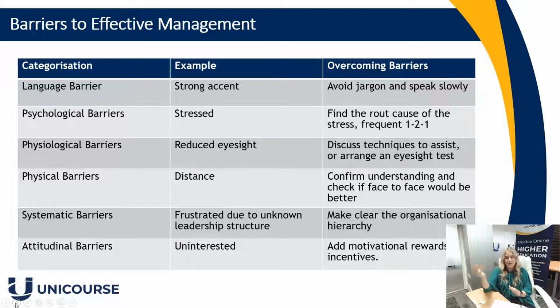Recently we've had an extension within our office, we've expanded, and we've had some issues with the internet because the Wi-Fi has been getting transferred over, and obviously there's been building work going on, so sound has been a physical barrier as well. So you think about strategies to overcome those barriers.